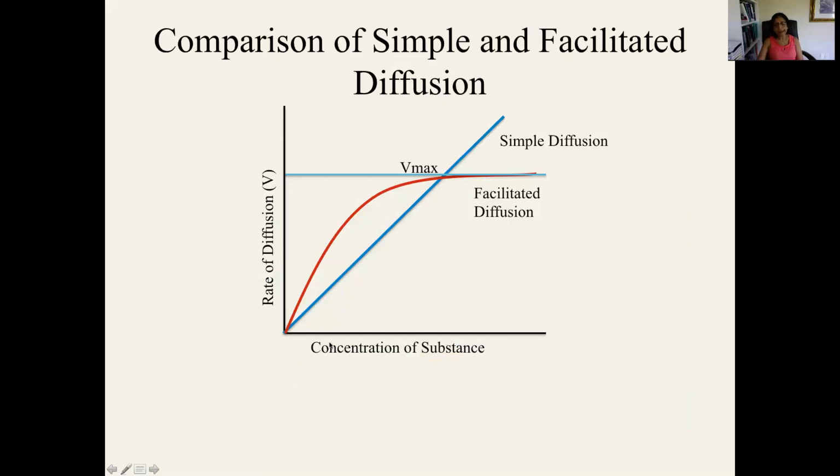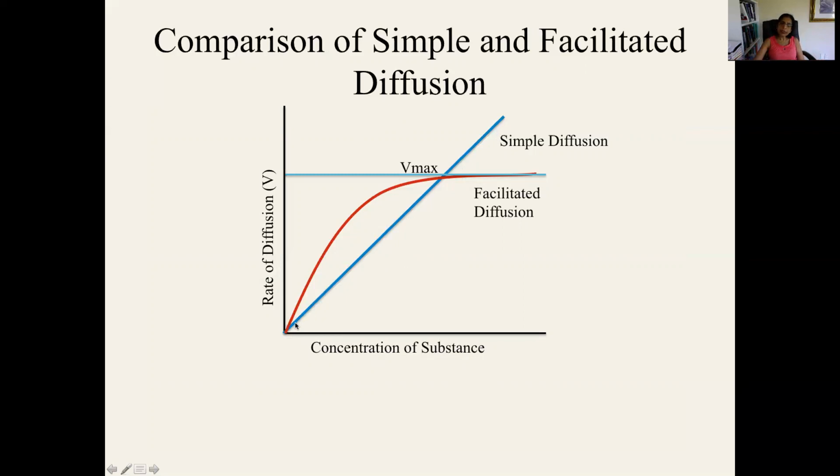If the membrane is able to handle simple diffusion, that can go on in an endless manner. As long as the concentration gradient exists, simple diffusion will occur, forever.